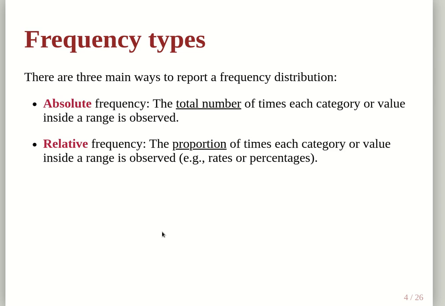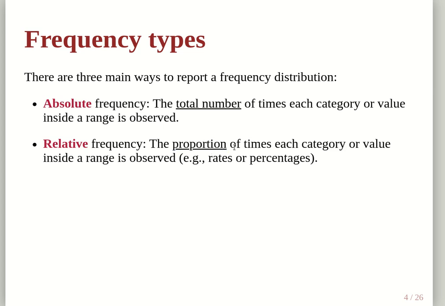So the absolute frequency, as the name suggests, implies simply reporting the total number of times we observe values within a given category or range, just a number that reflects the total number of times that value is observed. Alternatively, we can try to contextualize this information by reporting the relative frequency, which is going to report the exact same information, but instead we're going to express it as a proportion, meaning relative to the total number of observations we might have.